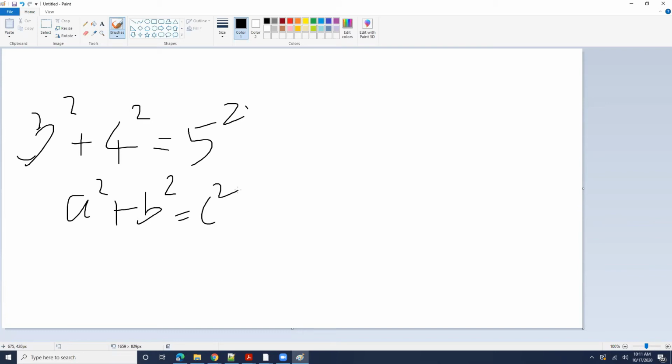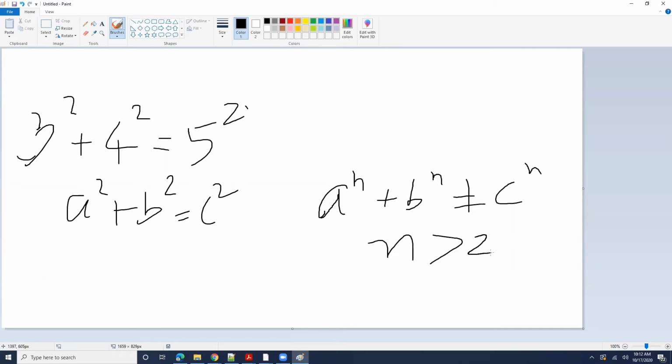So what Fermat said is a power n plus b power n is not equal to c power n, if n is greater than 2 and a, b, c are natural numbers.